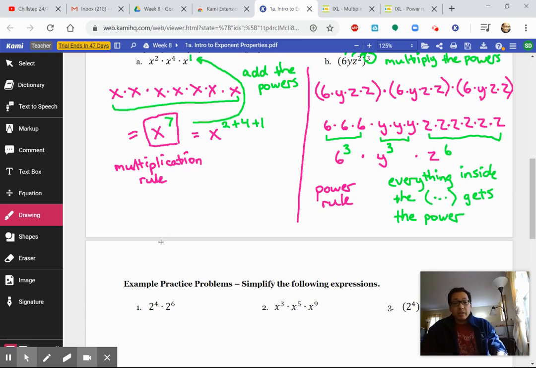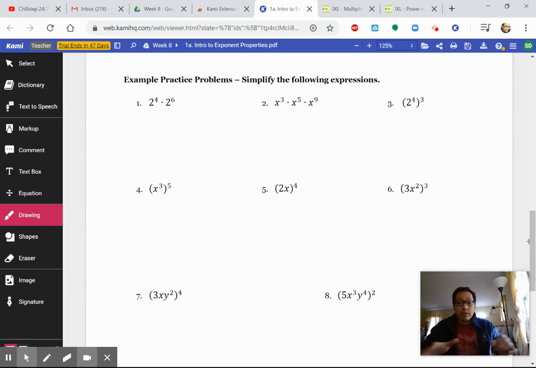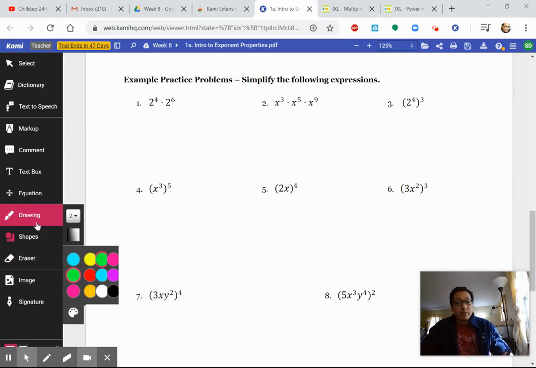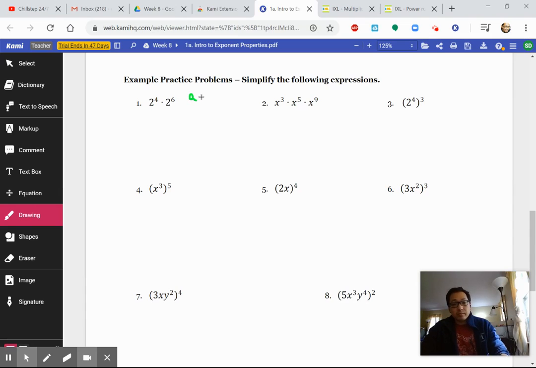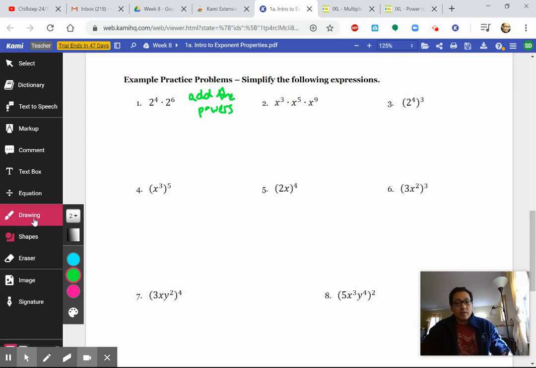Yeah, I'm going to use the multiplication rule, which means that maybe the name is not so good, but think about we have to add these powers together. You can always write it, expand it out if you need to, but all we have to do here is add the powers. It's a shortcut. I don't have to write it all out.